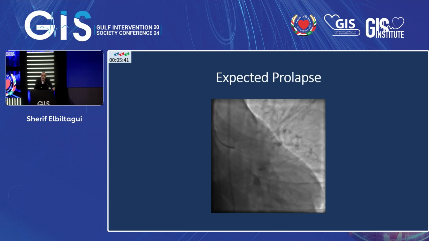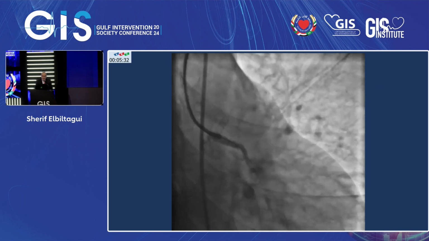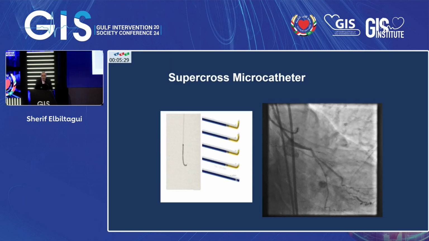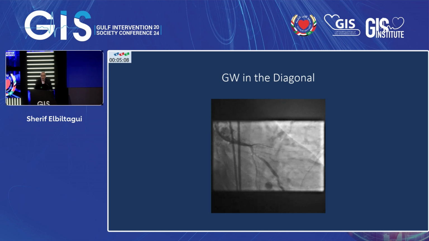As expected, the wire, again the same behavior, could not be wedged into the ostial stump, always prolapsing into the CX. So I took one of the fixed curve microcatheters now, like the Super Cross, with a 90-degree curve, and surprisingly, when directed towards the ostial LAD, the Fielder can very easily be slid through the channels to the occlusion.